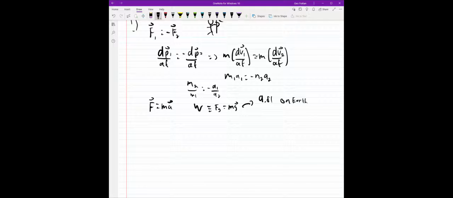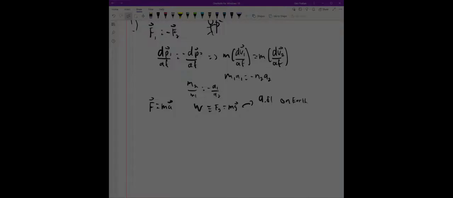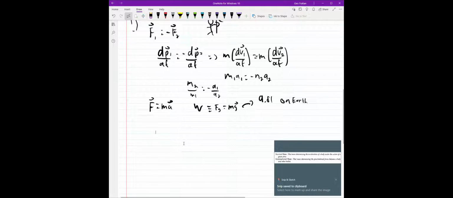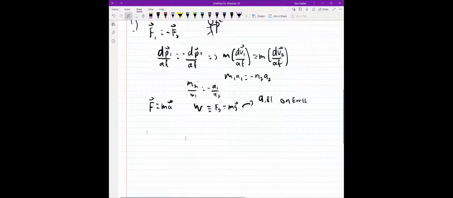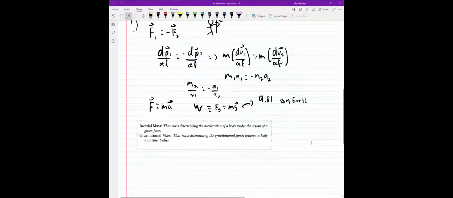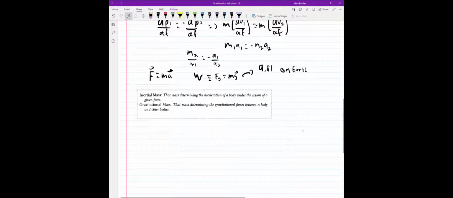So basically there are 2 types of masses, is the point we're trying to make here with the ma versus the mg equations, and that is inertial mass and gravitational mass.